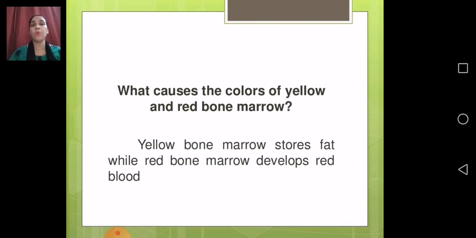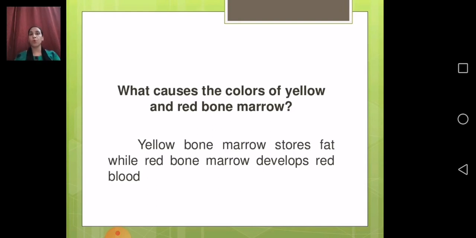And red bone marrow is so important. People who are suffering from cancerous diseases related to red blood cells do not form blood cells in their body.